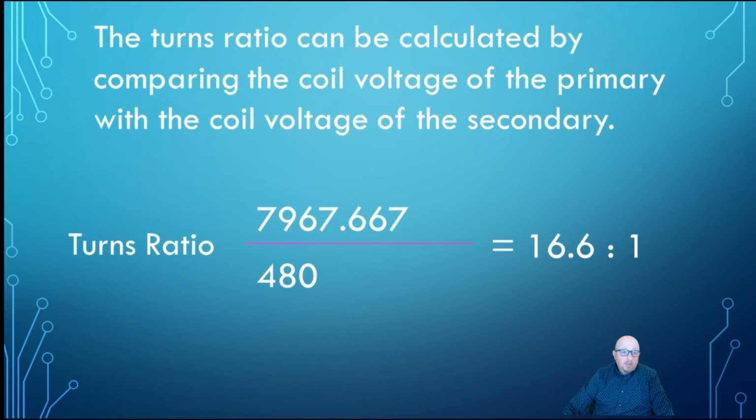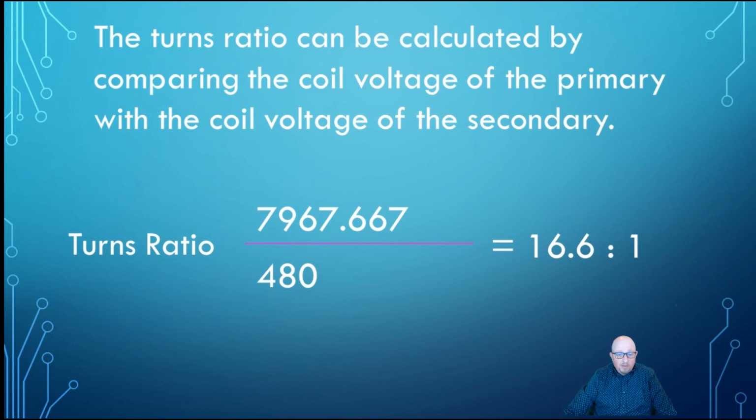The turns ratio, this is the one thing we did not discuss. The turns ratio can be calculated by comparing the coil voltage in the primary with the coil voltage in the secondary. And since we now know the coil voltage in both, we see that we have a 16.6 to 1 turns ratio. I'd like to also point out we are saying coil voltage.